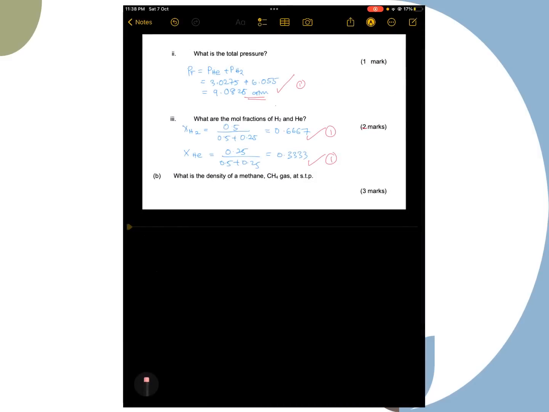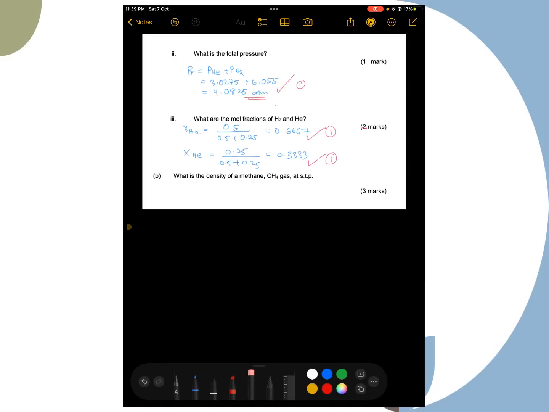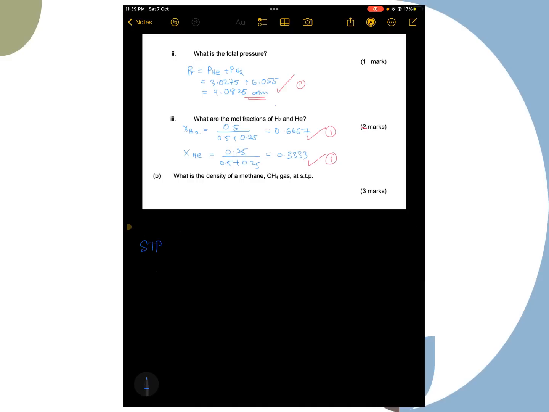Next one, still in question number 1B. What is the density of methane CH4 gas at STP? The question gives us the biggest clue. When the question mentions STP, we already have two pieces of information. The first one is the temperature, which must be 0 degrees Celsius, equal to 273.5 Kelvin. And at STP, the pressure must be 1 atm.